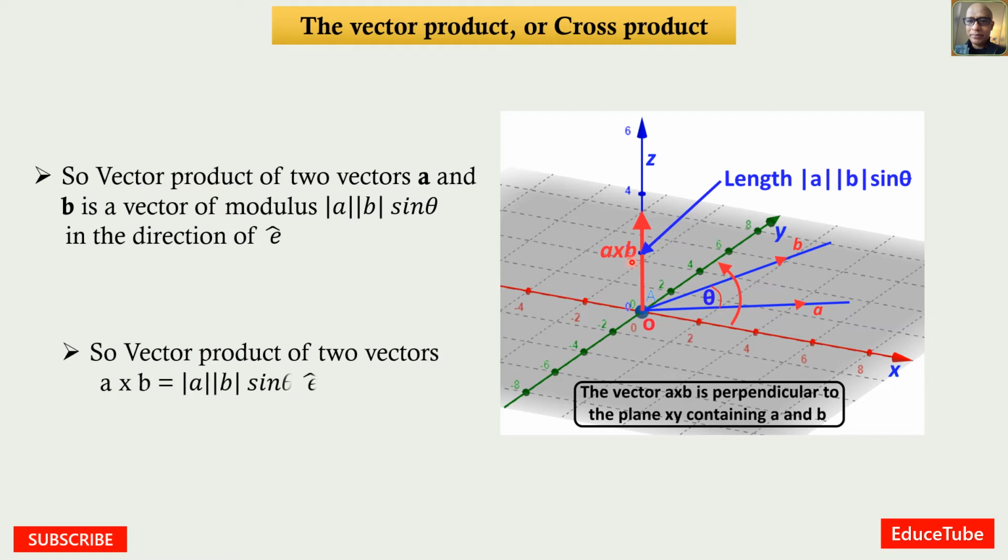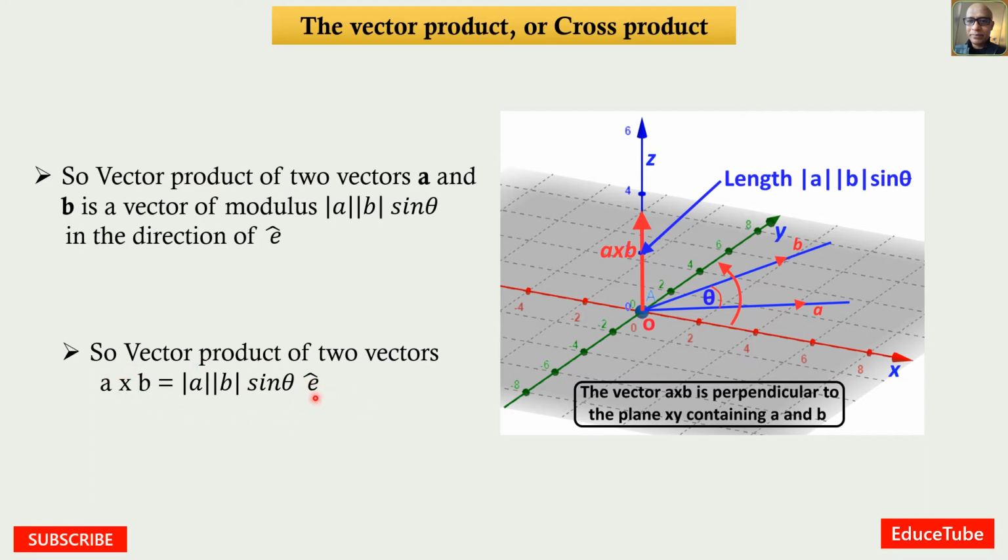So the vector product of two vectors, A cross B, is equal to A magnitude, B magnitude, sine theta, but additionally I am putting here one unit vector, because this is a vector product.